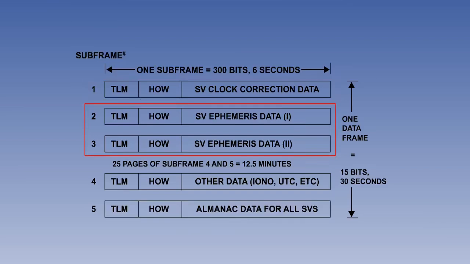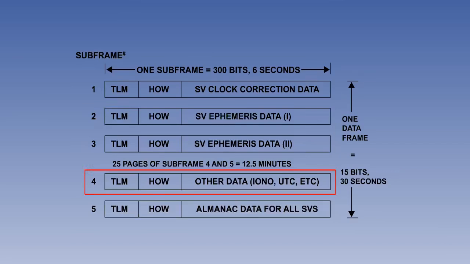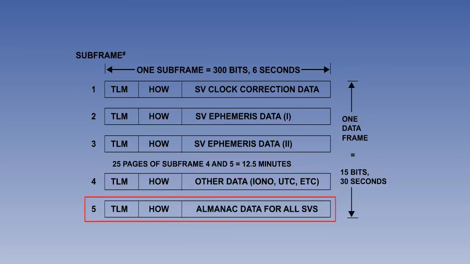Frames 2 and 3 contain the SV ephemeris, that is, its orbit parameters. Frame 4 contains data on the ionospheric propagation model, GPS time, and its correlation with UTC. The 5th frame is used to transmit current SV constellation almanac data.